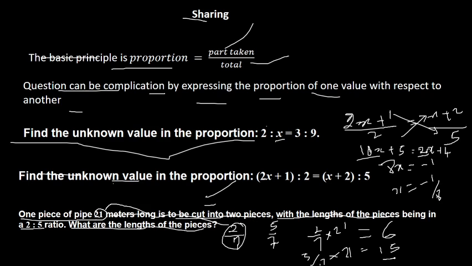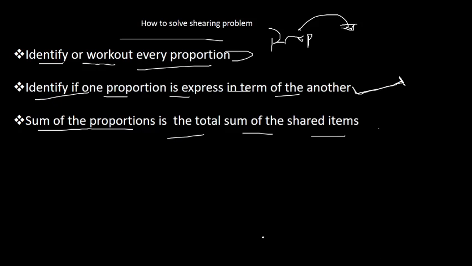So what you see is part taken of the total of the item that is distributed. In this case, you have converted ratio to proportion of each. Are you getting me now? At least we have talked about how to convert ratio to proportion.